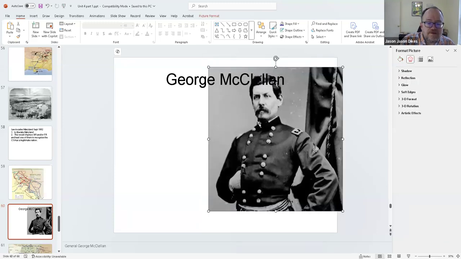And McClellan had played an important role in the war. He had taken that army that had been beaten back at Bull Run, he had taken that army and whipped it back into shape. He had modernized the Army training manual. He had set up the supply system for the food, the uniforms, and all that stuff.